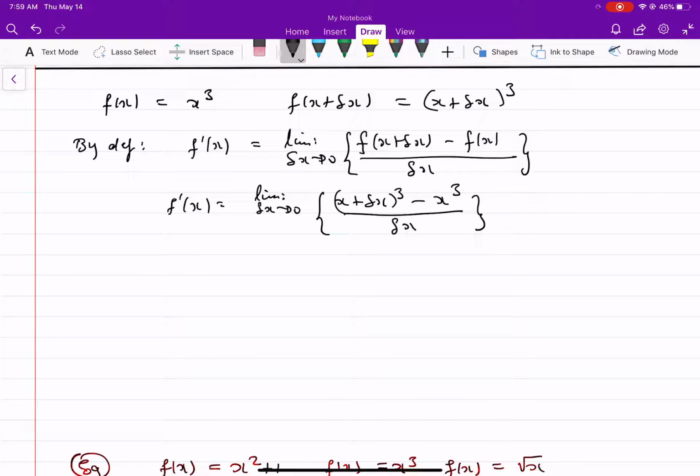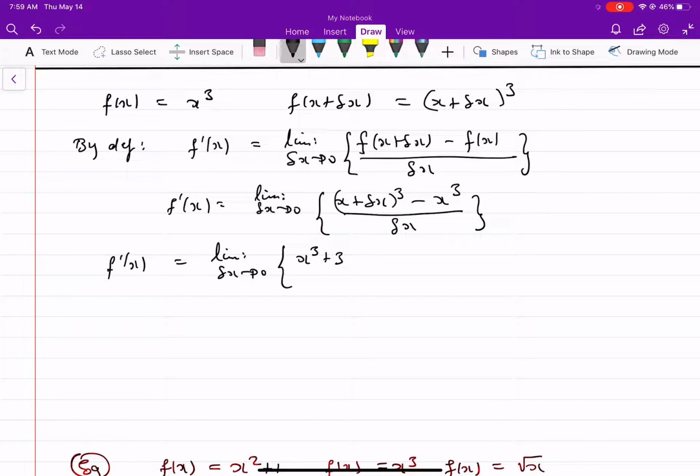The question is, well, how do you solve the problem at this point? f prime of x is equal to the limit as delta x approaches 0 of, well, you got to open up that cube, right? So that will be x cubed. Y'all should know how to do this by heart.